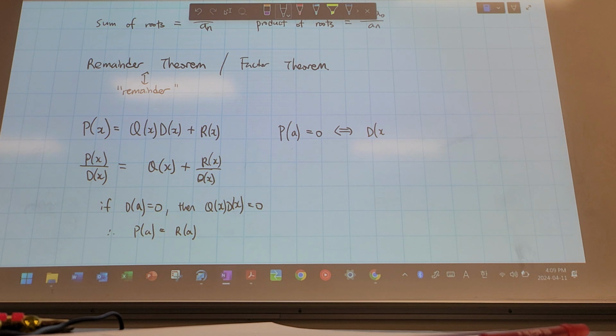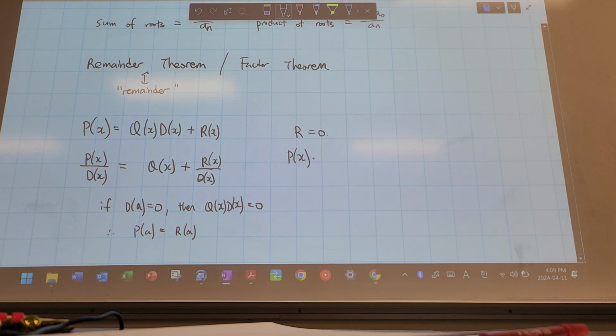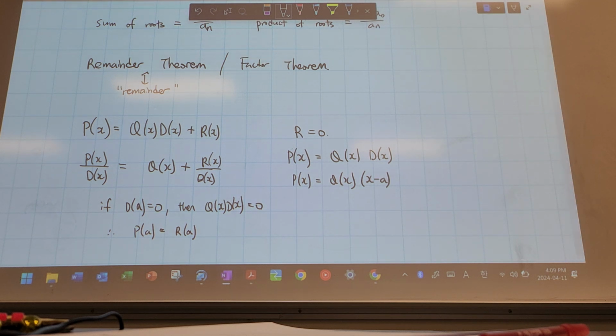Let's go back. How do I explain the factor theorem again? The factor theorem is basically when the remainder is 0. So we know that p of x is equal to q of x times d of x, and d of x usually comes in the shape of a linear factor, x minus a. So p of x equals q of x times x minus a.